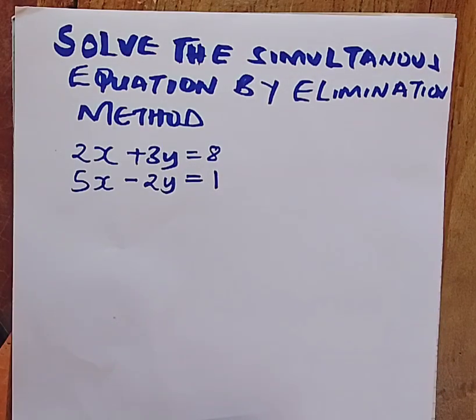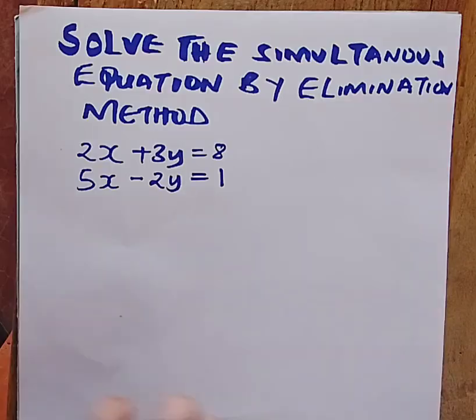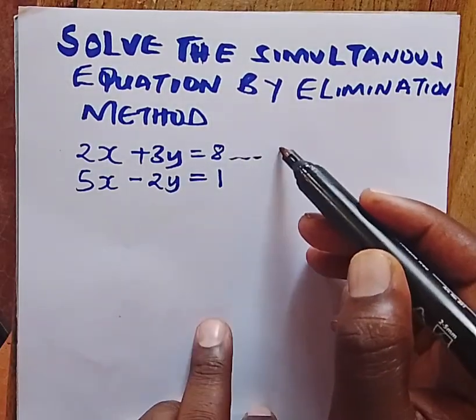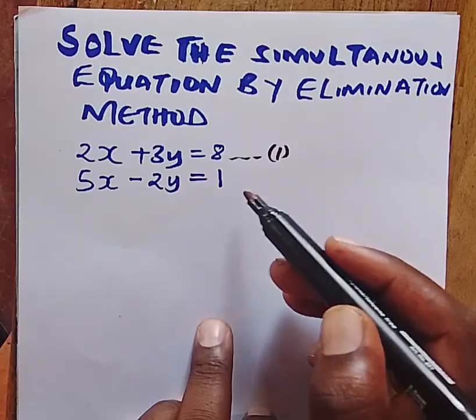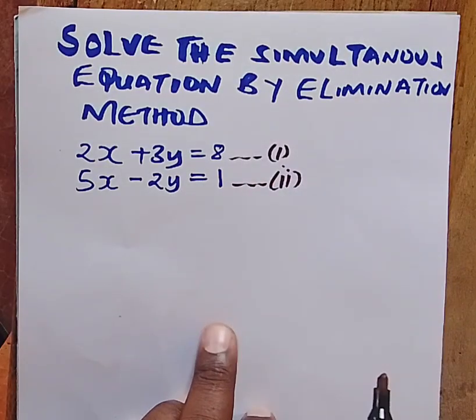So we have two equations: 2x plus 3y is equal to 8, then 5x minus 2y is equal to 1. The first step when you are given such equations is to label them. This one you call equation 1, and this one you call equation 2.